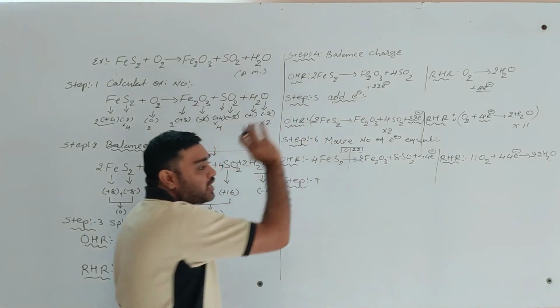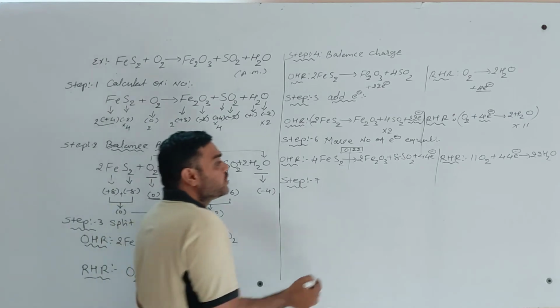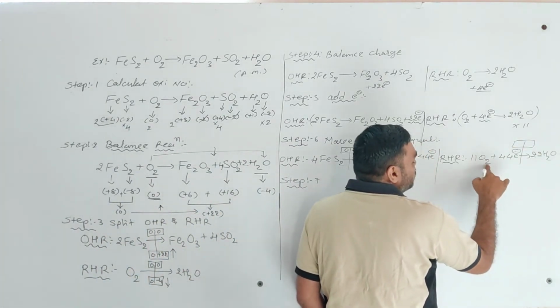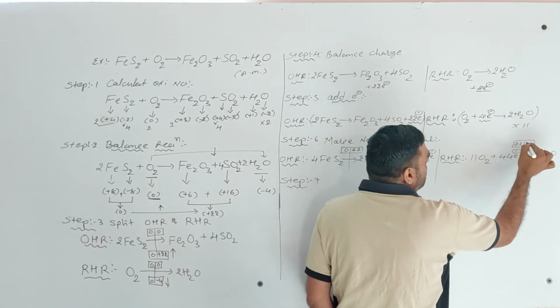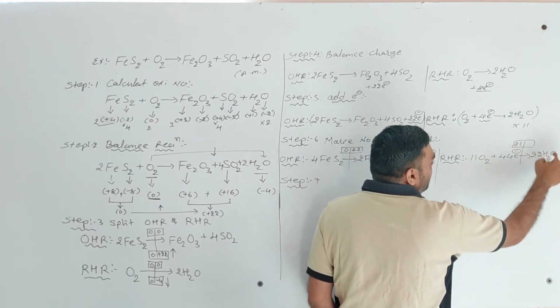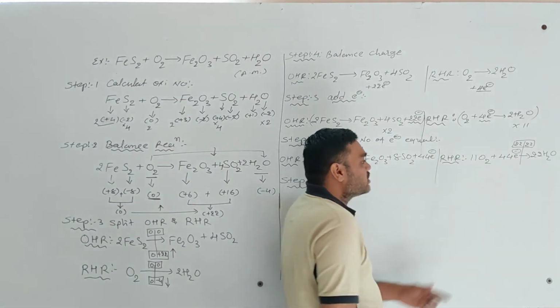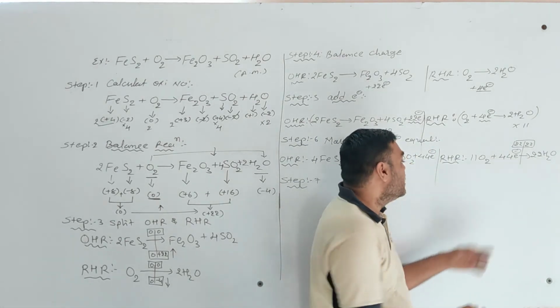Rough work I made in the earlier step. Here also calculate: 11 2s are 22 oxygen, here 22 oxygen. So you can find that oxygen is balanced on both sides.